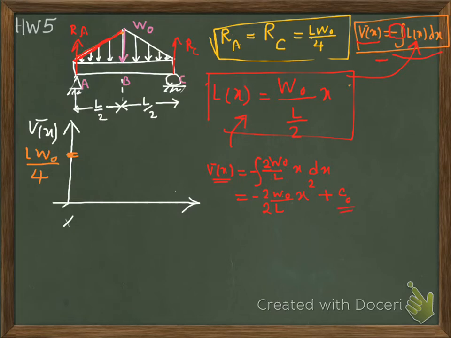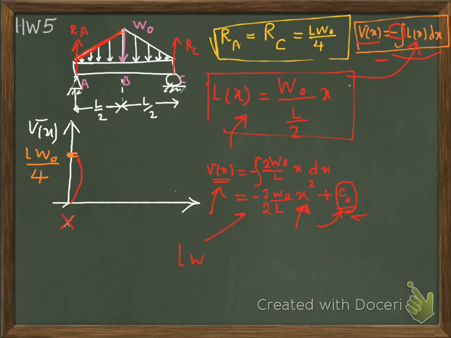What I'm missing here is C naught. I have to find what that constant is with the boundary condition: if I know V at some x, then the only unknown is C naught. Looking back here, I know that at x equal to 0, the shear is L W naught over 4, so I apply that to the equation in order to find C naught.